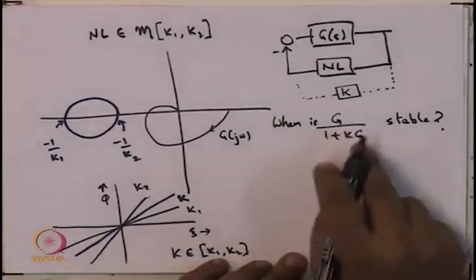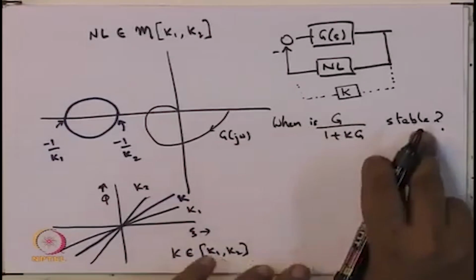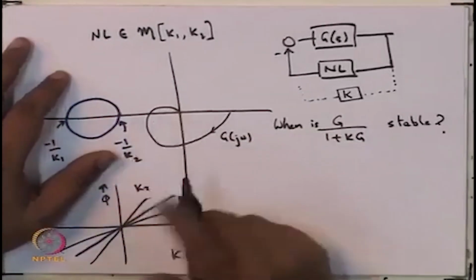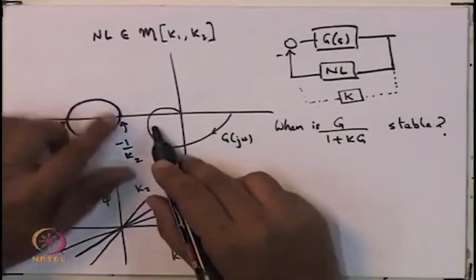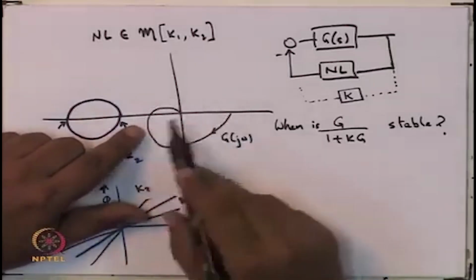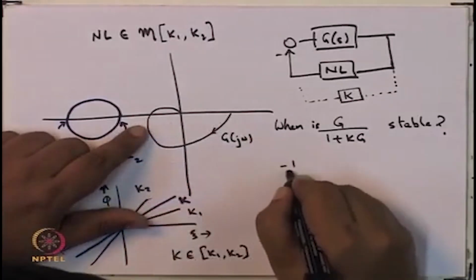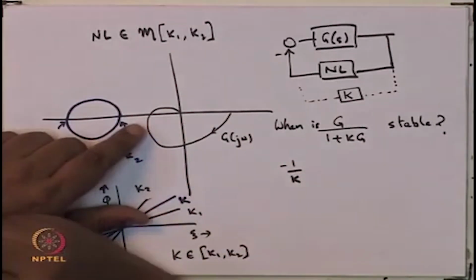Okay. The way we decide when this transfer function is stable is again by looking at the Nyquist plot, and what we should have is that the Nyquist plot should not encircle the point minus 1 by k.